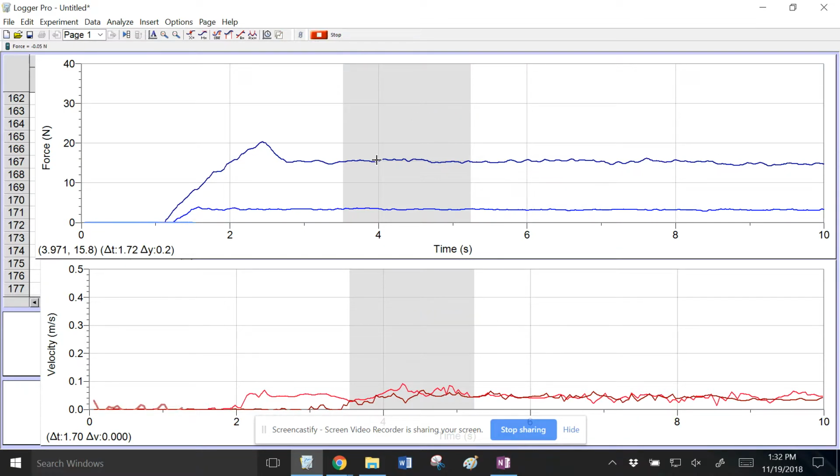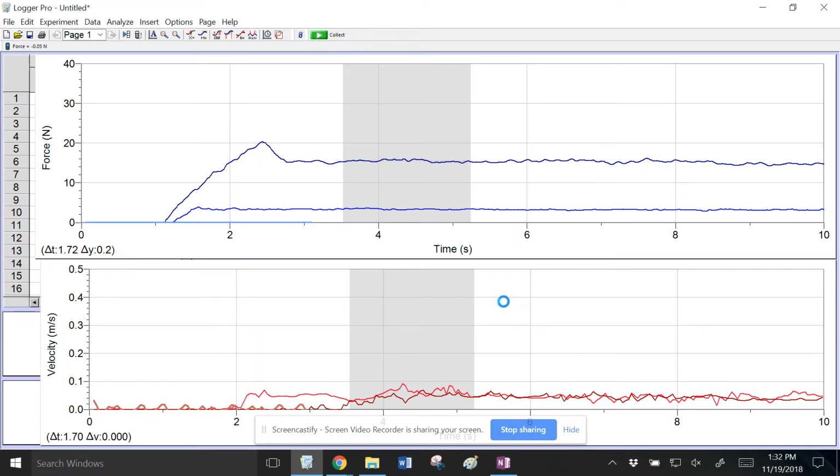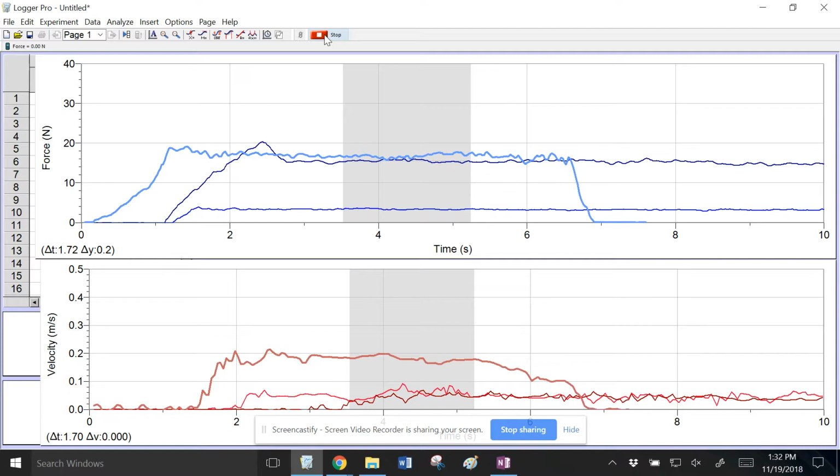I forgot to zero this sucker. All right. Faster? Okay, by at least a factor of 2, it's faster. Friction amount?